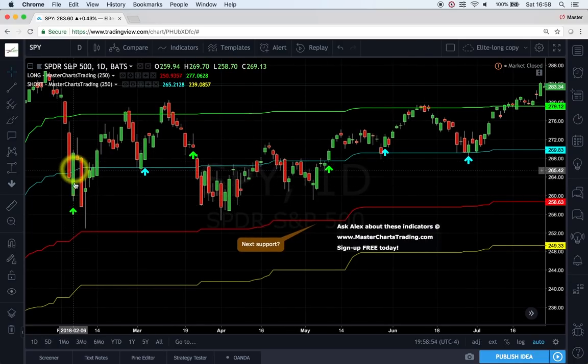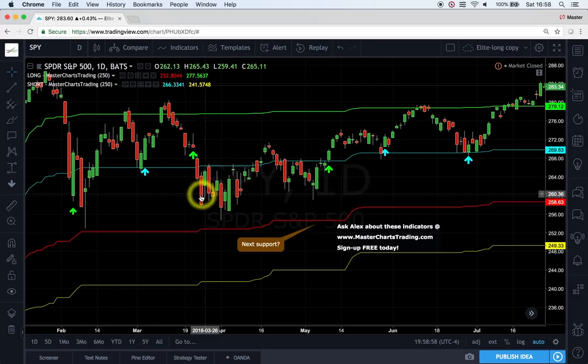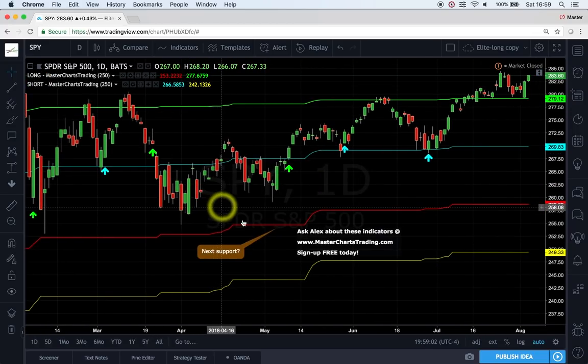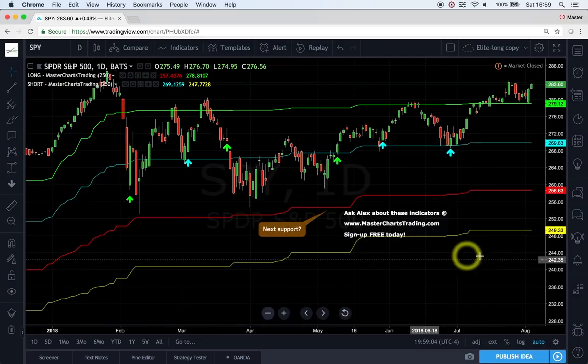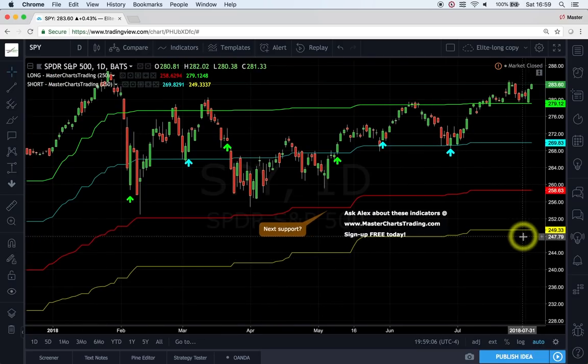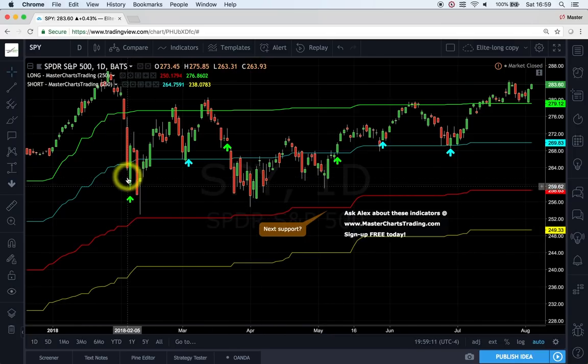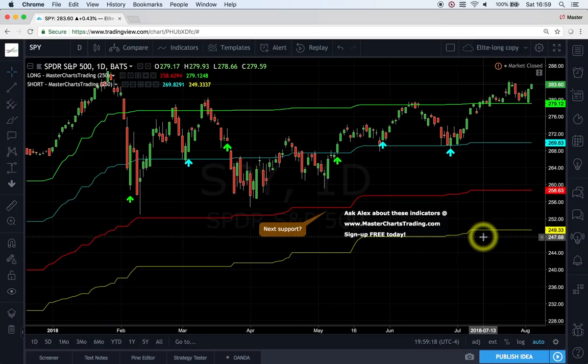I'm looking at a close above the blue indicator line, and then I'm looking for not a close below this yellow indicator line. So in other words, once we have closed above the blue indicator line, we have not yet closed below this yellow line, that means we're in a bull market. This is pretty much it for the stocks.